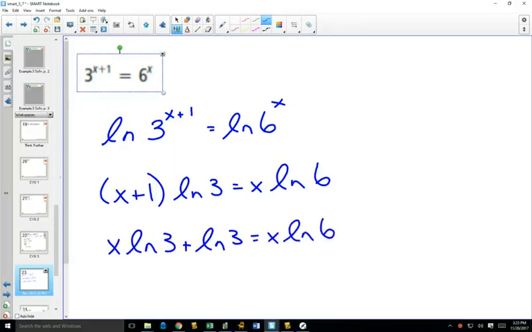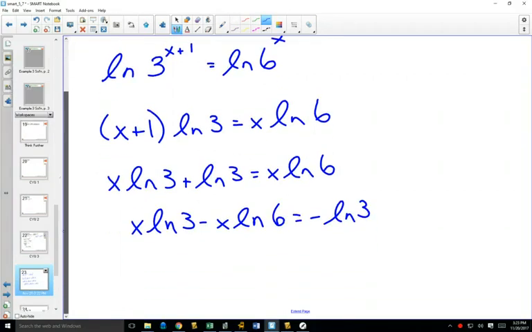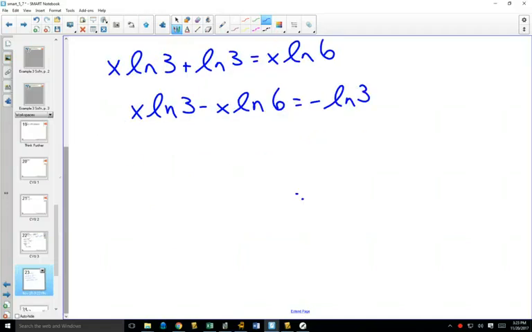When you've got x's on two sides of your equation, bring all your x's to one side of your equation. Put all your numbers on the other side of the equation. So that you can factor out your x.